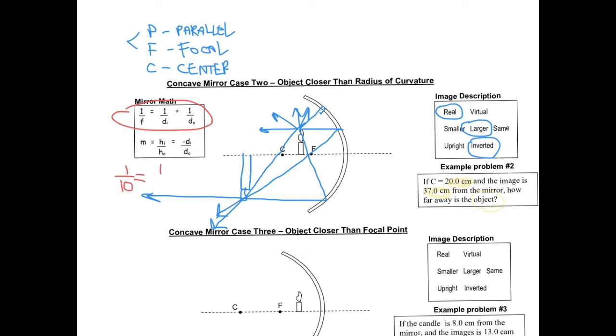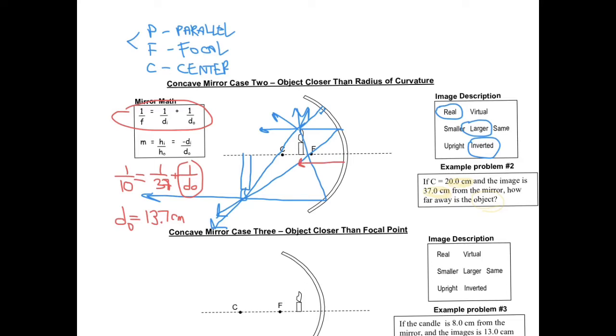So in this case, we'll say 1 over 10 for the focal point equals 1 over the image distance, which in this case was 37, plus 1 over the object distance, which is what we're looking for. And so we're just going to say 1 over D0 equals 1 over 10 minus 1 over 37. And we come up with an object distance of 13.7 centimeters.